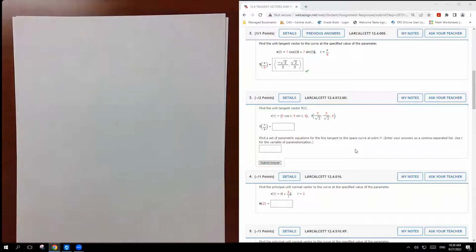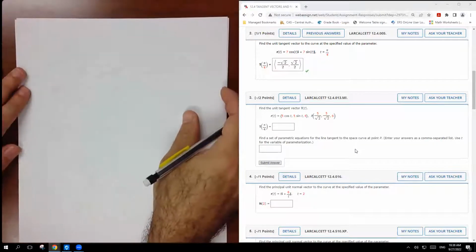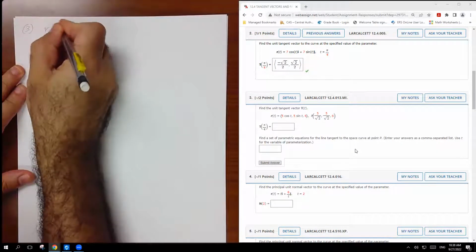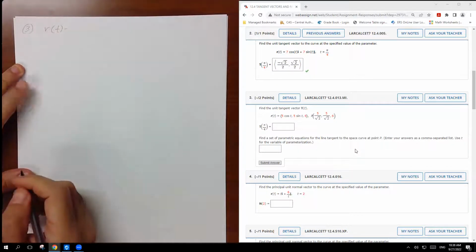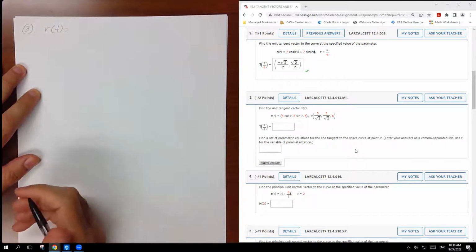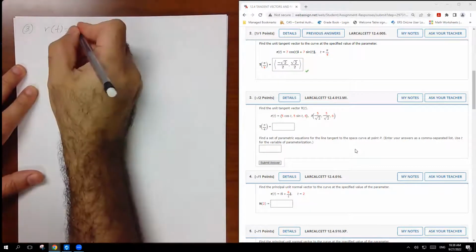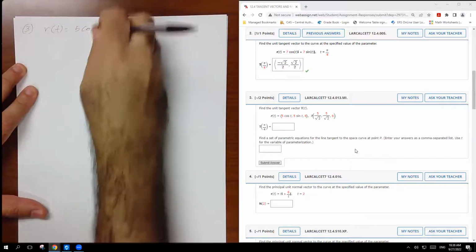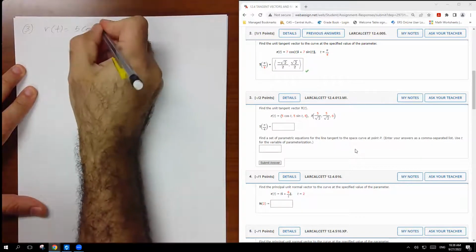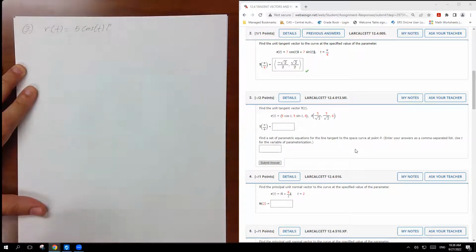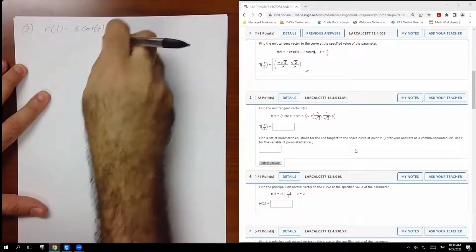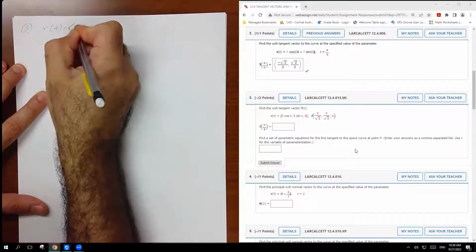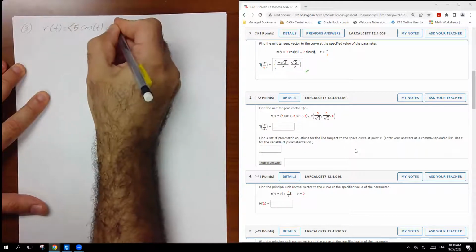Find the tangent unit vector T. This is the third one. We have r of t equal to 5 cosine t and 5 sine t with the 6. They already give us the component form.